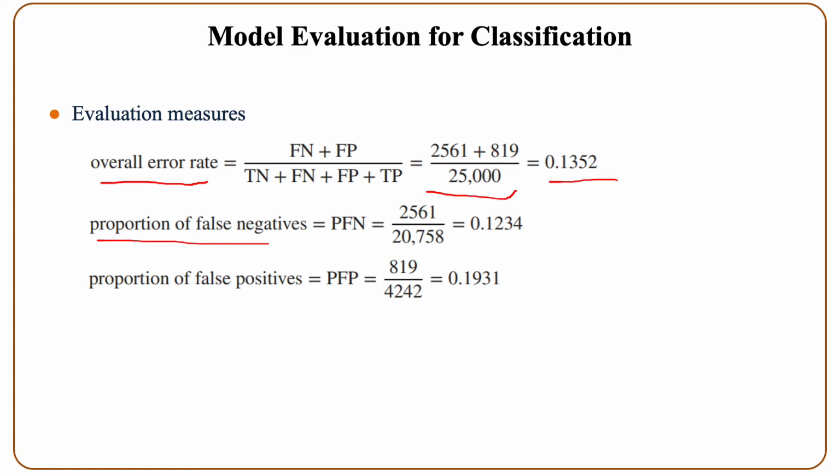And similarly, for the proportion of false negatives, we plug in the numbers, and we get about 12.3%. The proportion of false positives, after plugging in the numbers and calculating the ratio, we get about 19.3%.